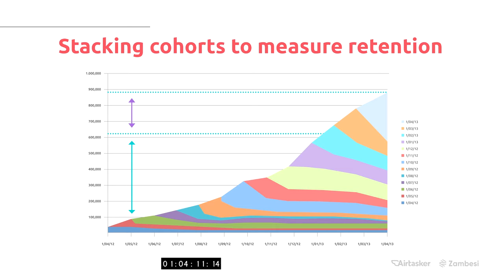And number two, each layer gets thicker over time, meaning the company is acquiring more users and maintaining their retention rate. This graph is pretty common with an established company in that retained users make up most of their active users, and acquisition, which is new users, become a smaller proportion of their total user base.